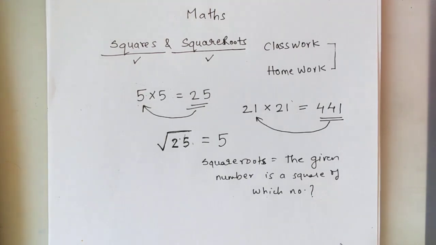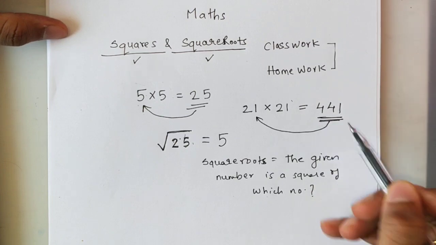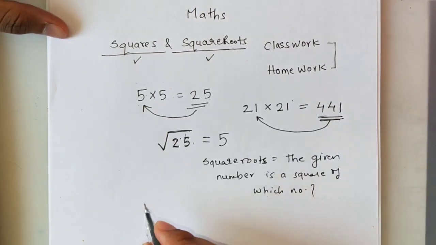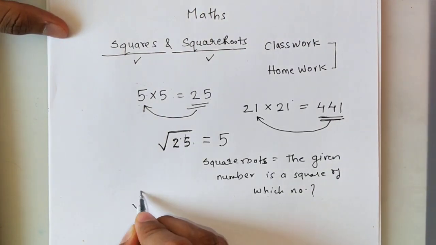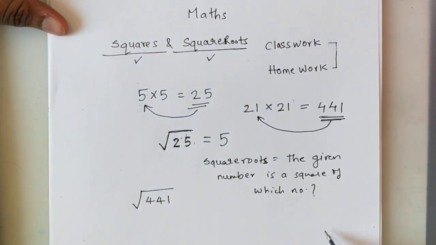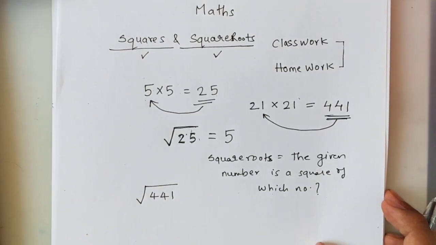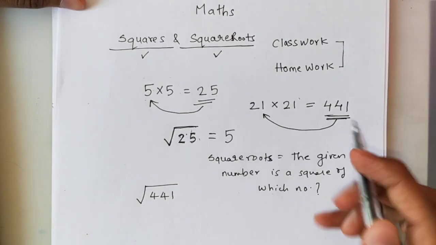But this was an easy, small number, 25, which you already knew. So finding the square root was easy. But what if I give you a big number? Like here I have 441. If I ask you to find the square root of 441, some of you might know the square root of 441 is 21.